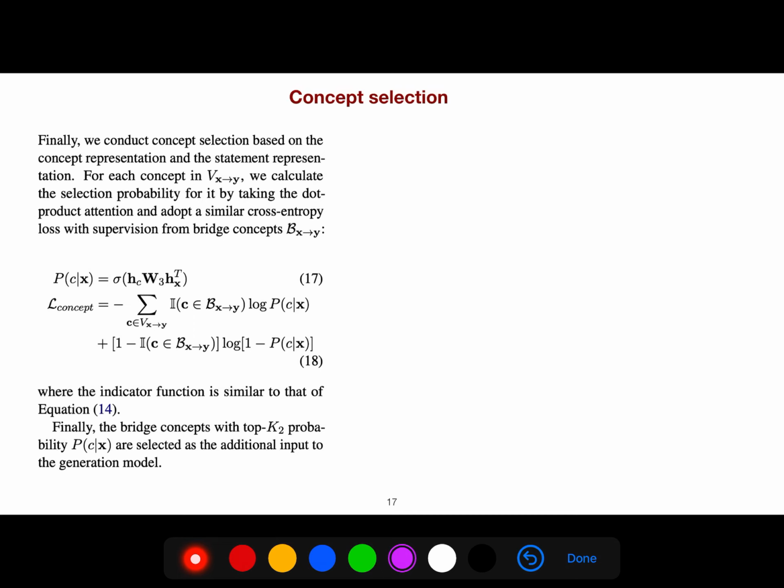And for concept selection, there is another loss. We had 3 losses, if you remember: one of them is concept, and the other one was triple. For concept, we use again this indicator function. So what is the probability of your bridge concept given your source?